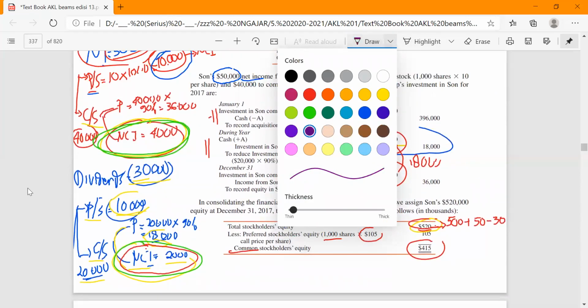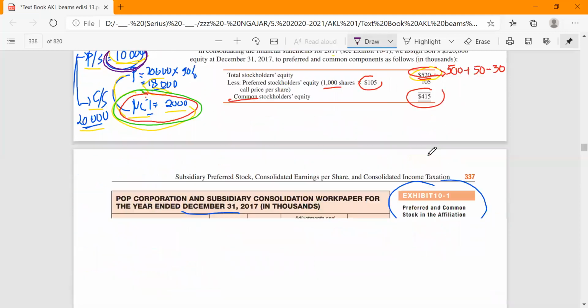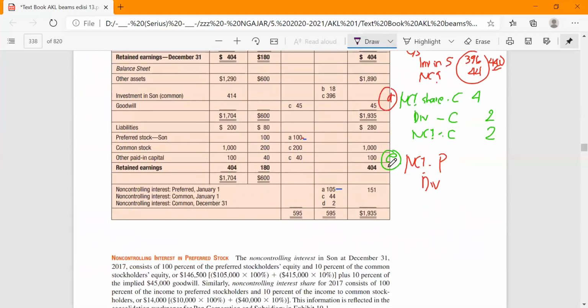This one, and this one, 10,000. The numbers are exactly the same, so there is no journal for this one. So only NCI of preferred stock and then dividend for preferred stock, where the numbers are 10,000 and 10,000.